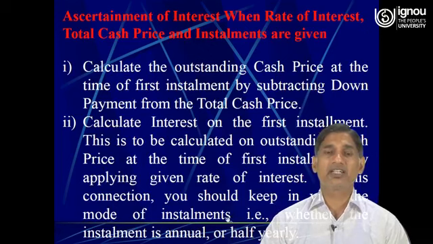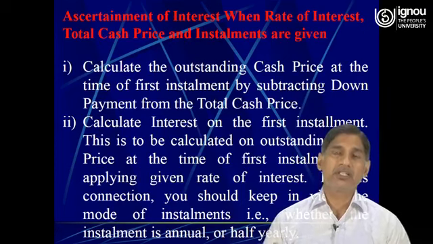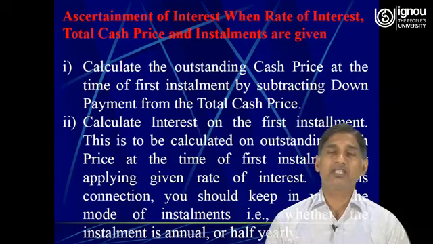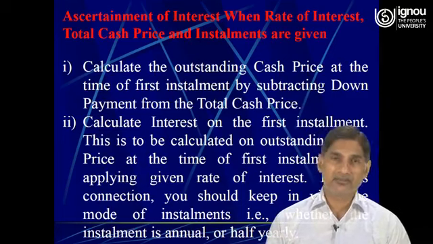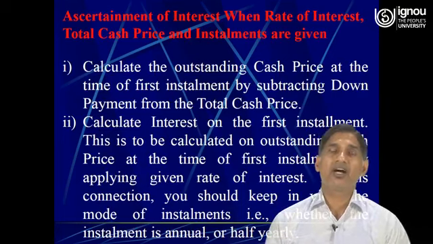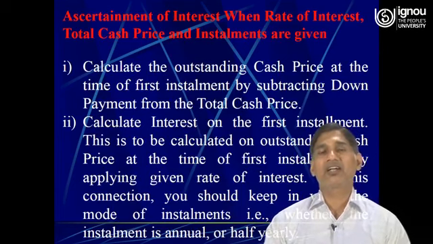In this connection, the learners should keep in view the mode of installment. It means they must know whether the installment will be made monthly, quarterly, half yearly or yearly. It must be very clear to both the parties.